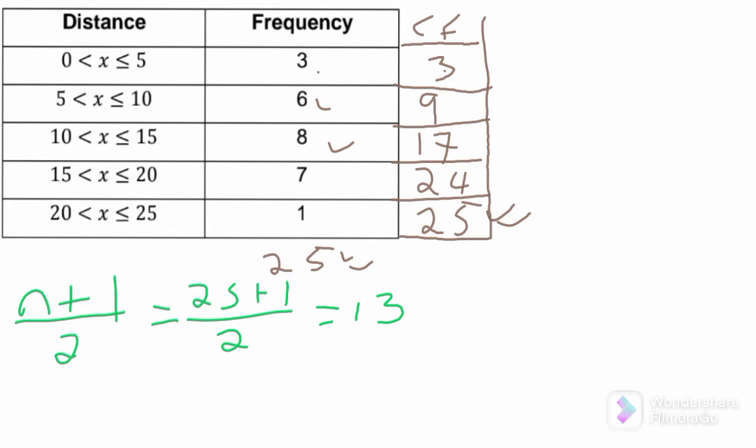It tells us where to look. And so we're going to go to the cumulative frequency. In order to identify where 13 lies, I like to make a small line and an interval by the side. So we have 0 to 3 here. The next interval is 4 to 9. And this will be 10 to 17.